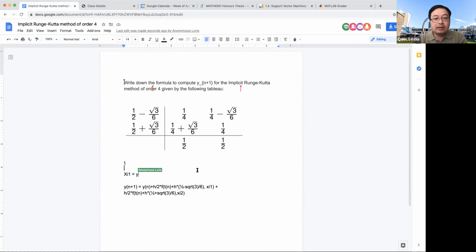Xi1 is yn plus h over 4, yeah, f of tn plus h times 1/2 minus square root 3 over 6, xi1, yes, correct.